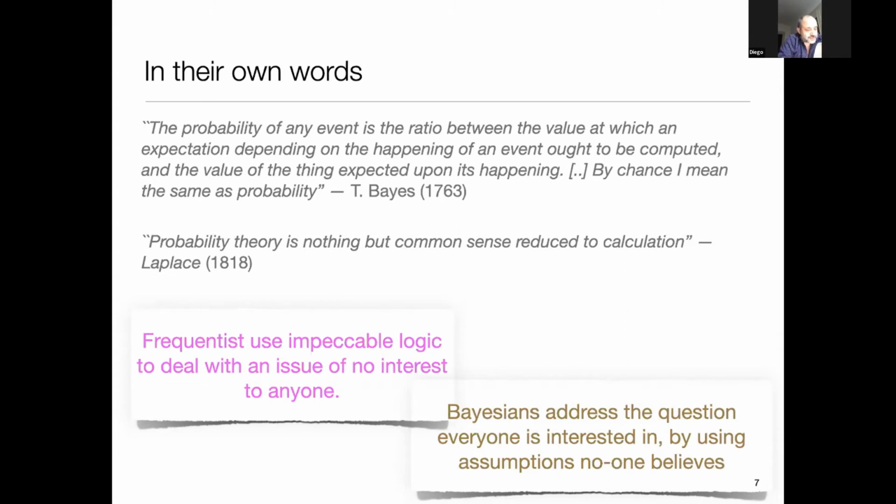That frequentists use impeccable logic to deal with an issue of no interest to anyone. And the issue in this case is, what is the theory that makes our data most probable, most favorable? And instead, Bayesians address the question that everyone is interested in by using assumptions that nobody believes. So these are two paradoxical things that somehow highlight the limitation of each of the two approaches.